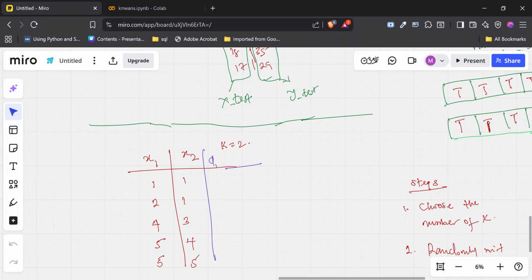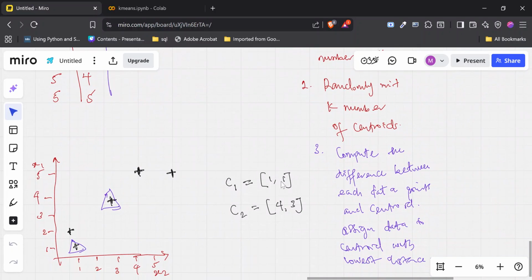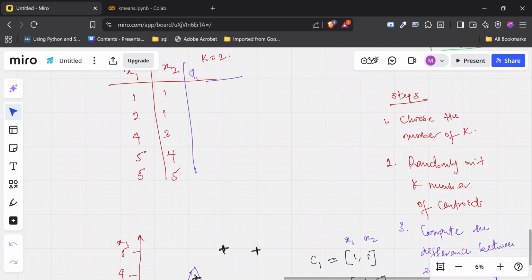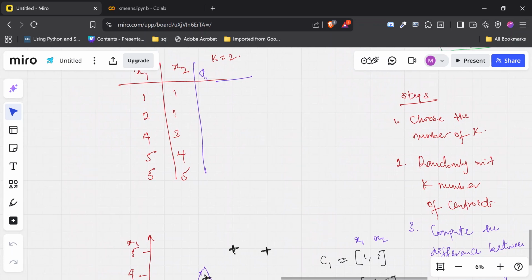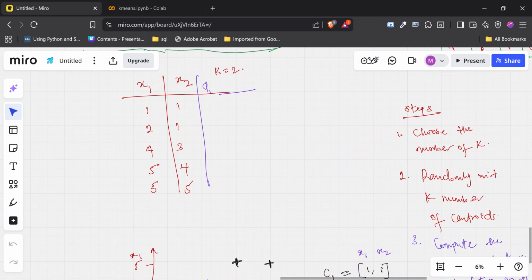So to do that, C1 is 1 comma 1. So this is for x1, this is for x2, right? So we can come here now and say D1, that is 1, which is this one here.